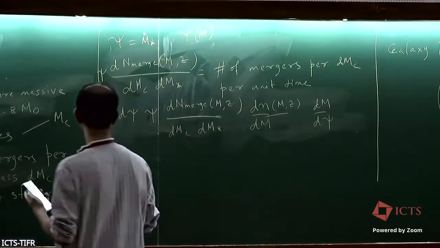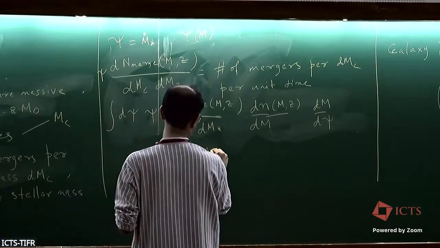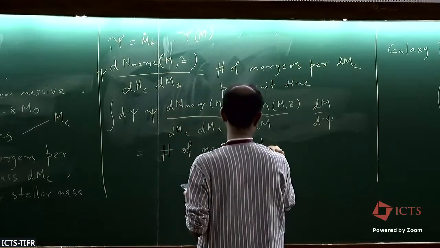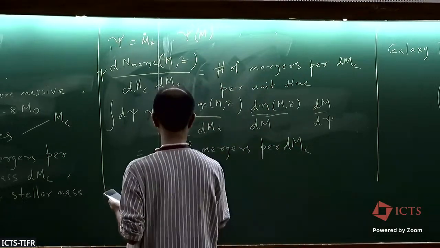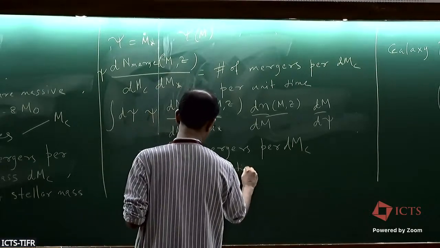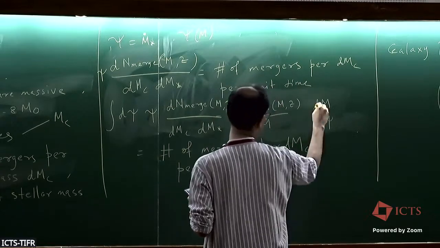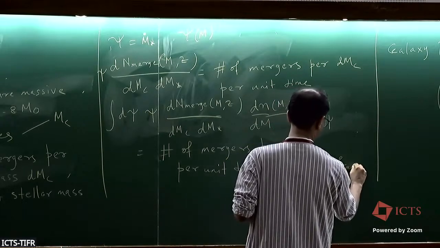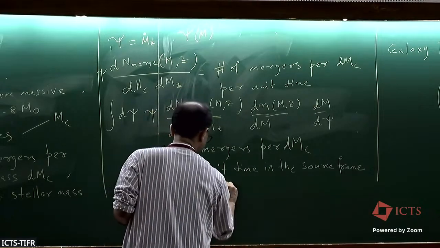This basically will be the number of mergers per chirp mass per unit time. And let me make something clear: in the source frame, which was true here also, per co-moving volume.